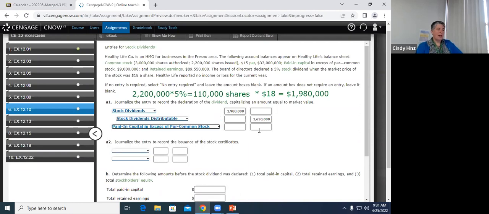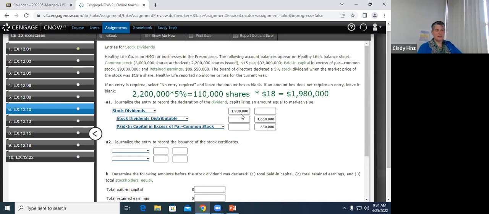Now, as we saw last class, when we sell stock, anything over and above the par value, so in this case, it's the difference from $15 par value up to the $18 market value, so $3 per share times 110,000 shares, $330,000.